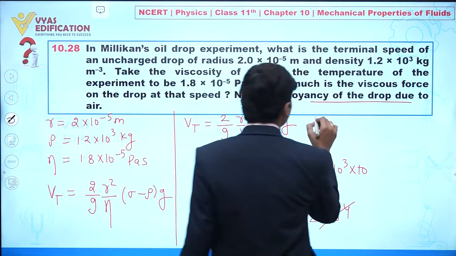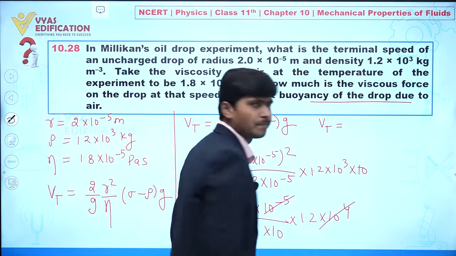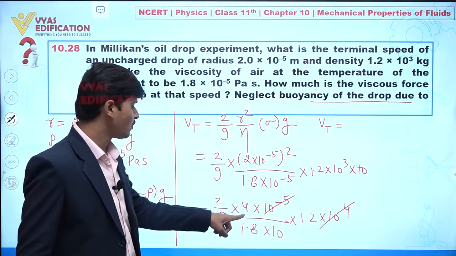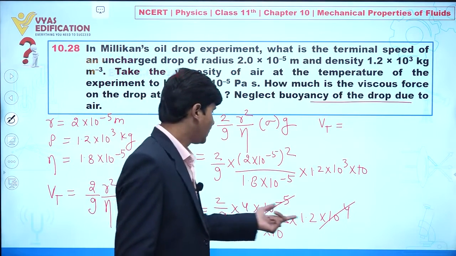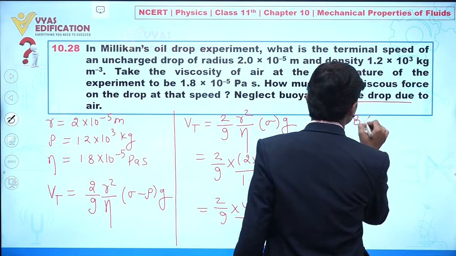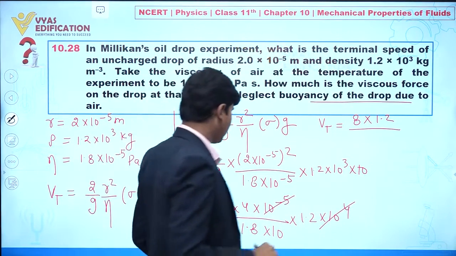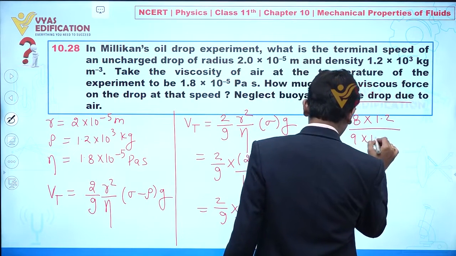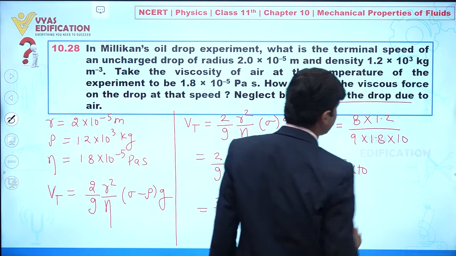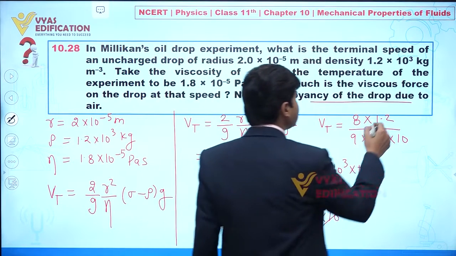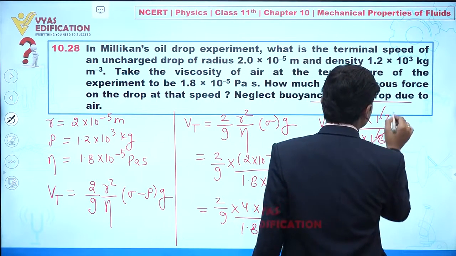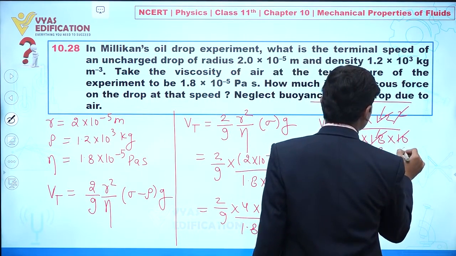So finally, the value of Vt we are getting, listen carefully: 2 multiply 4, we have 8, and we can say 8 multiply 1.2, 9 multiply 1.8 and multiplied with 10. From here this decimal and decimal cancel out, this is 3, this is 2, so I can say this one is 5.